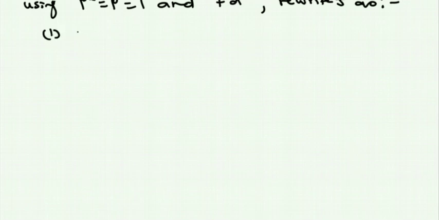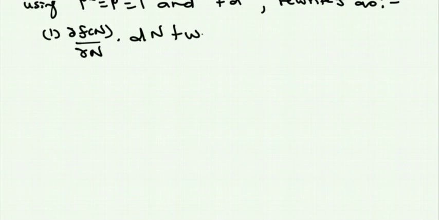1, okay, delta Fn over delta n times dn equals, sorry, not equals, plus w dp. Okay, I'm sure you know how to get w already.